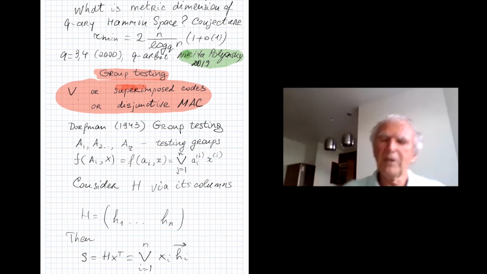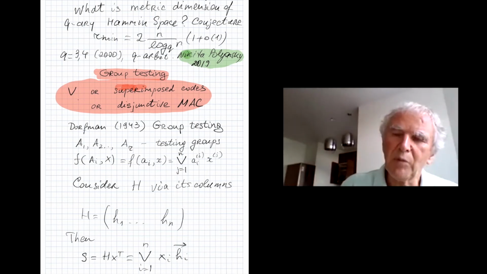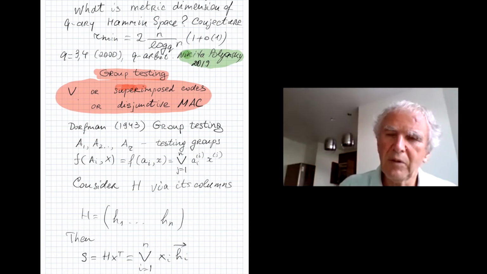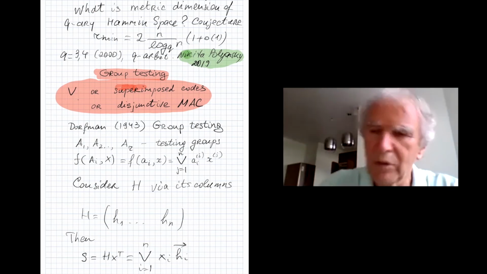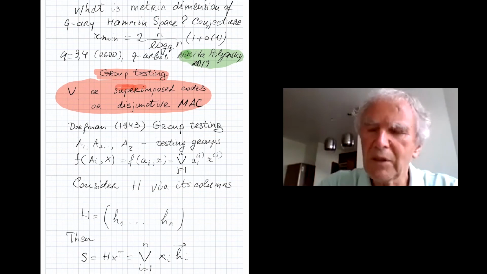And of course, this is the third problem from which I started, which means that there is a set X of ill soldiers, and there are groups which we choose in advance, A1, A2, AR, in advance, and for this property, it's called non-adaptive search.